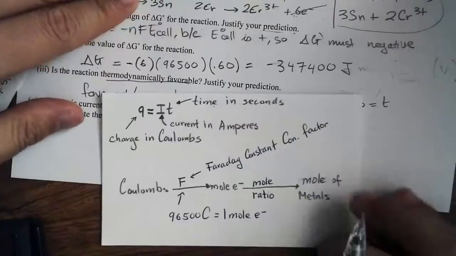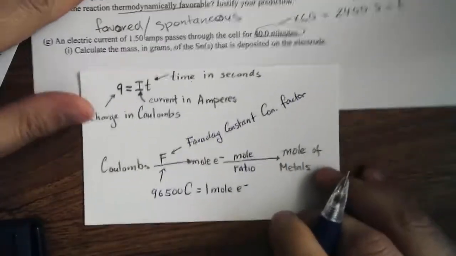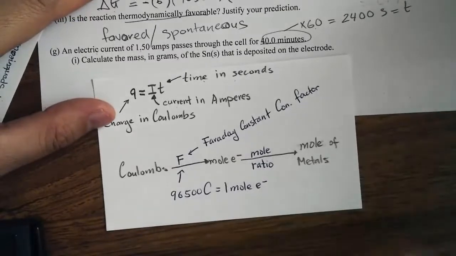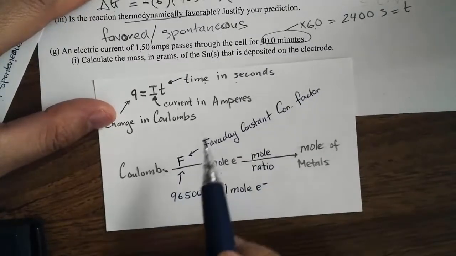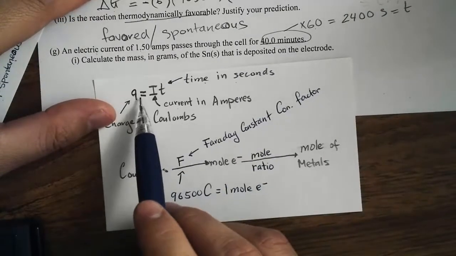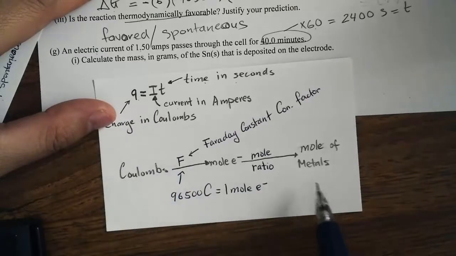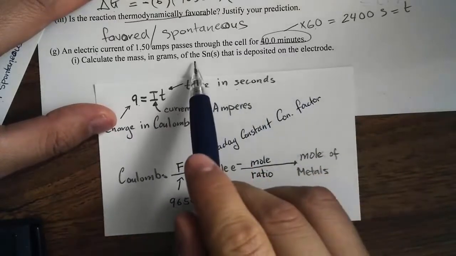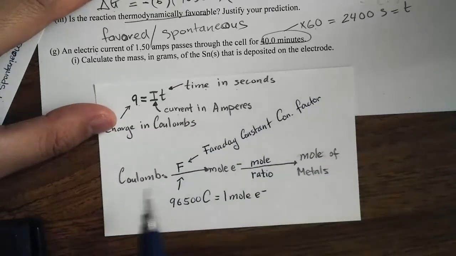But before we solve the problem, let's go back and look at the flow of information and the plan to solve this problem. Why do I care about this equation? That is because in order to solve this problem in terms of the mass of the metals being deposited, we have to solve for coulomb. Because here's the pattern.